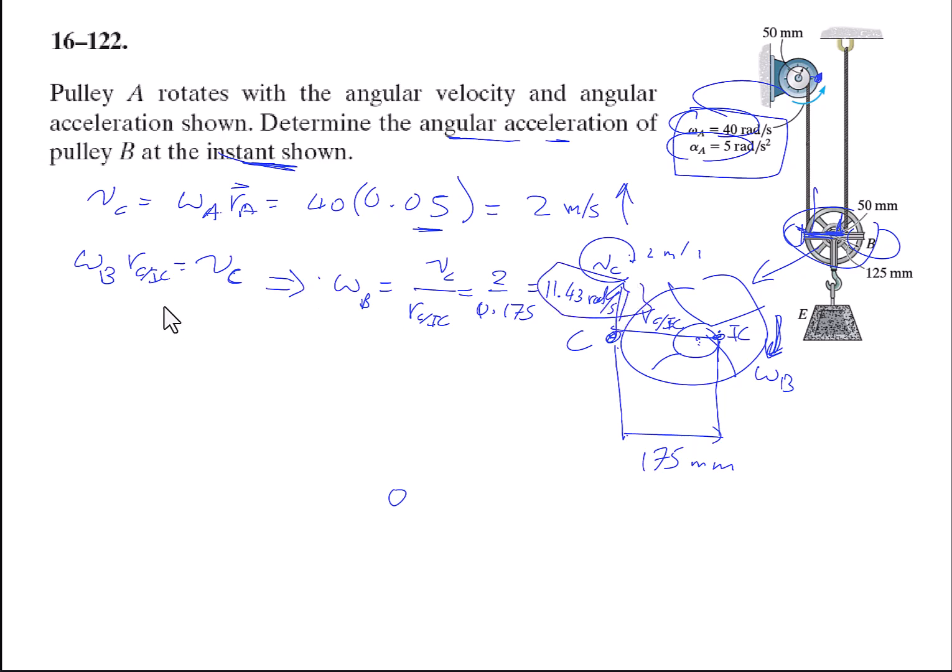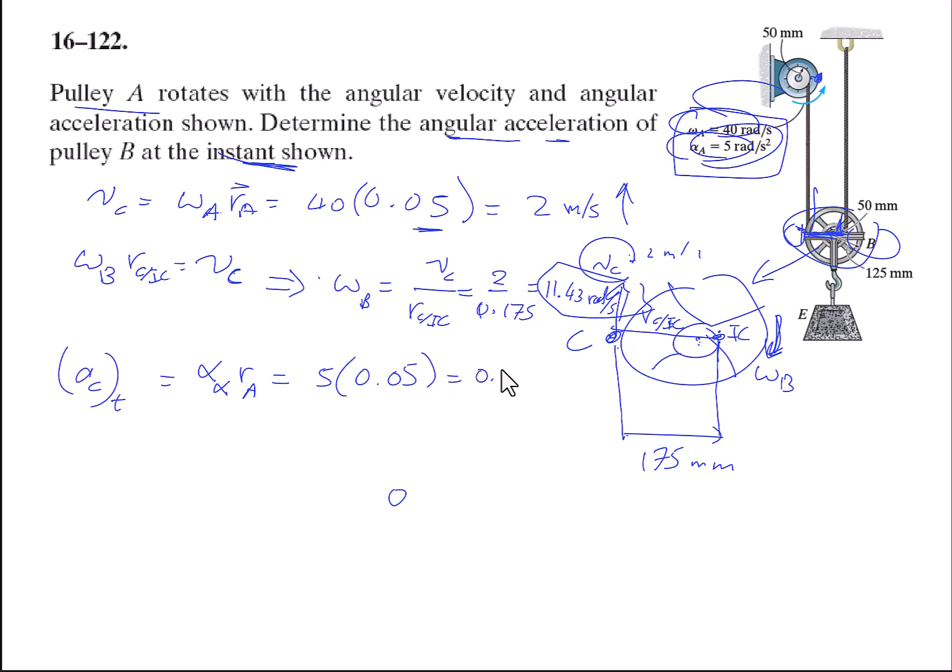You could also write for pulley A that the acceleration at point C, the tangential component, is equal to the angular acceleration, which is given here, times the position R A, which is 0.05. So this is 5 times 0.05.